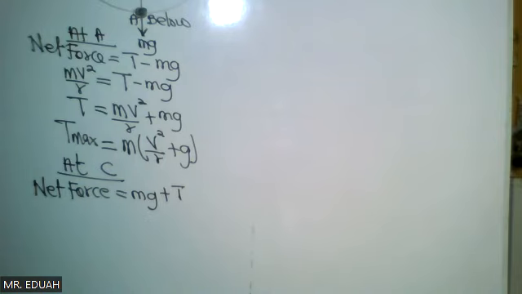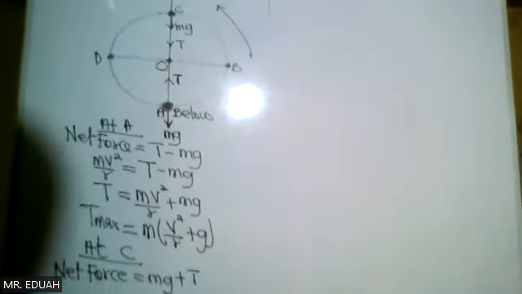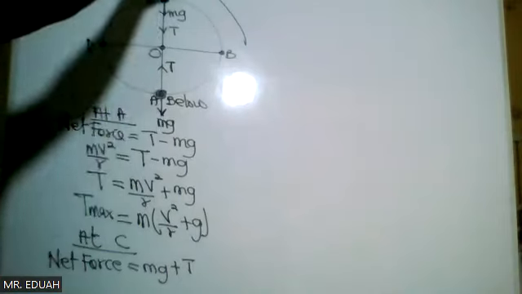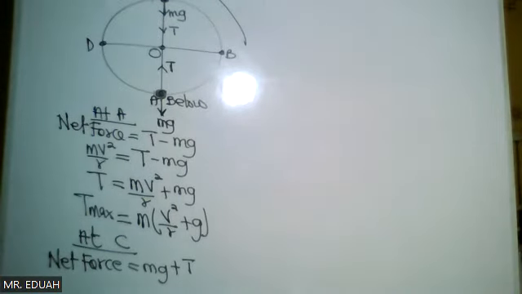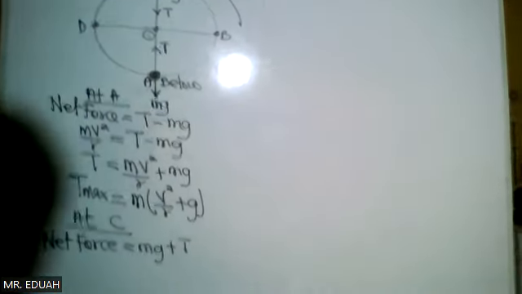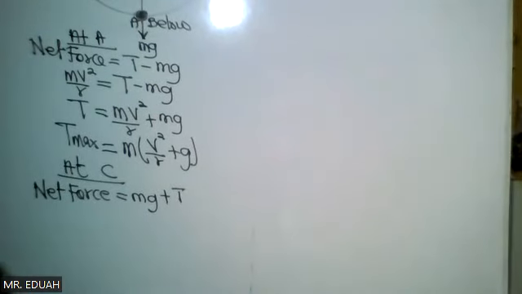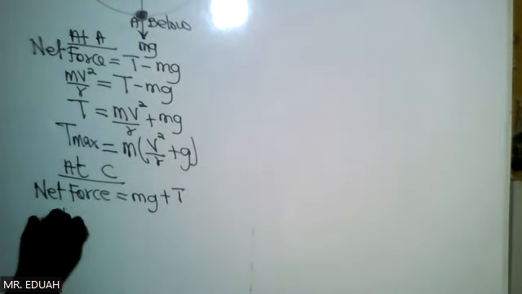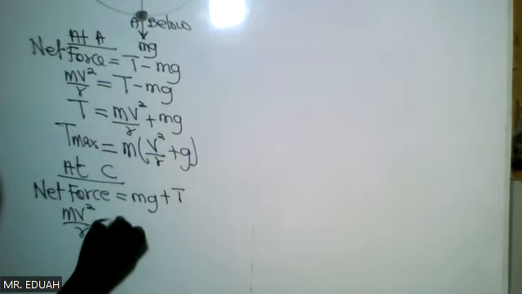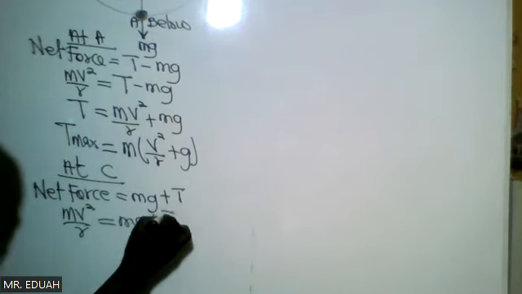And since this net force has a direction towards the center and along the radius, we equate the net force to the centripetal force, which is mv squared over r. mg plus T equals mv squared over r.